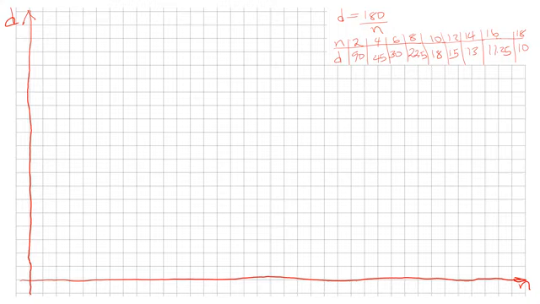So in this case, we mark the axes. On one axis, let's just take 1, 2, 3, 4, 5, 6, and we can stop there.